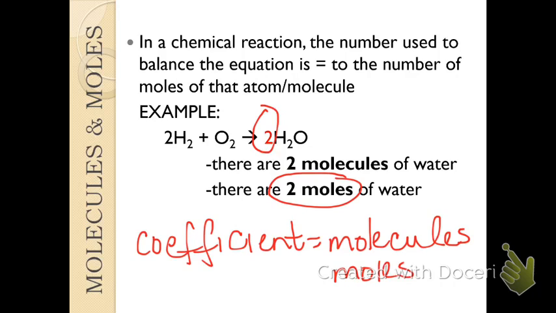You're used to balancing equations and we tell you how many molecules there are. Now we're telling you that that coefficient in a balanced equation is now also equal to the number of moles in that balanced equation. Make sure you put a star beside it or something, because that is very important information, especially as we start your third quarter and we go into stoichiometry, which is the conclusion, I'd say, of mole conversion. Okay?